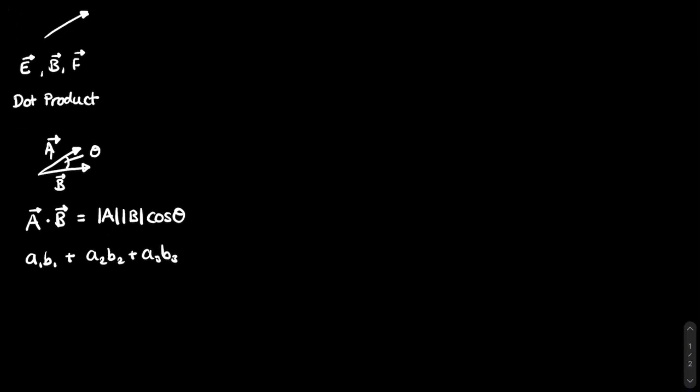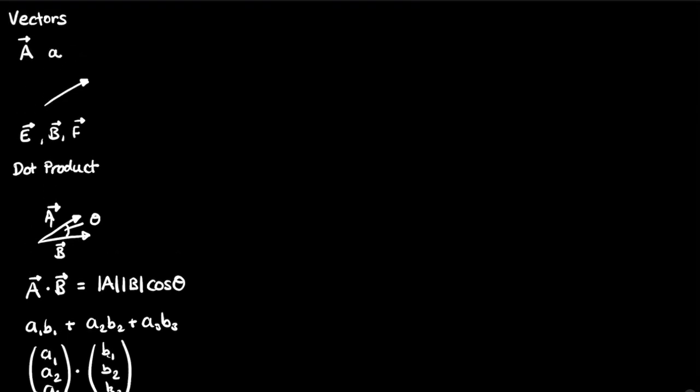That's if you've got vectors with components a1, a2, a3 and b1, b2, b3. So that's how you compute the dot product. You just do a1 times b1 plus a2 times b2 plus a3 times b3, and of course that will return you a scalar. So that's the dot product.